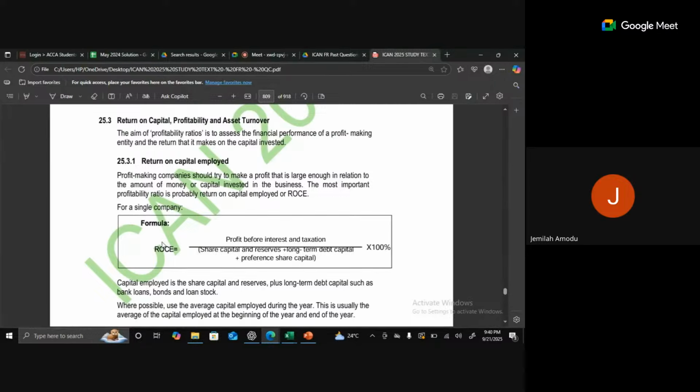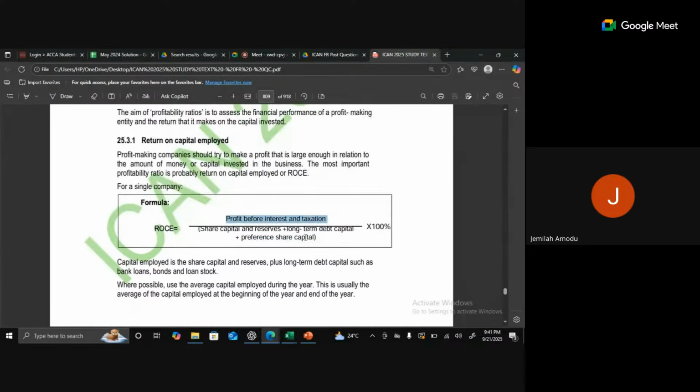So now if we calculate our return on capital employed and want to interpret whether it's high or low, you will consider what makes up your profit before tax, and then you start looking at it one after the other. Oh, in this year our operating expenses increased in comparison with last year. So you can simply say the return on capital employed increased or decreased as a result of what?